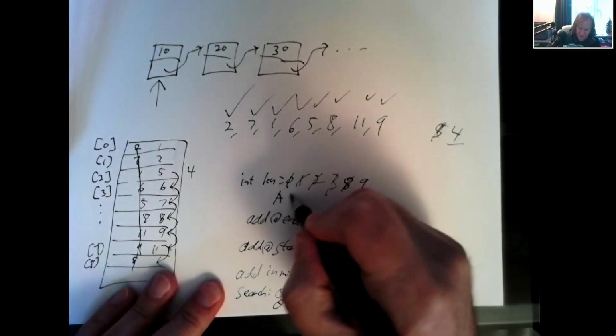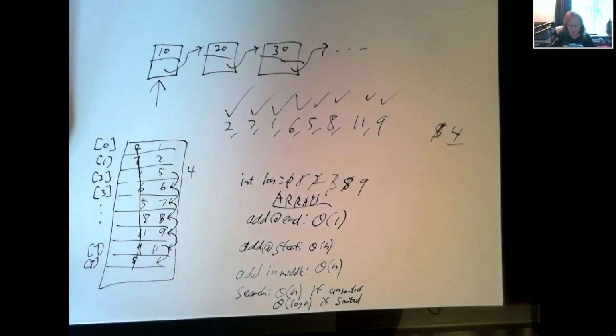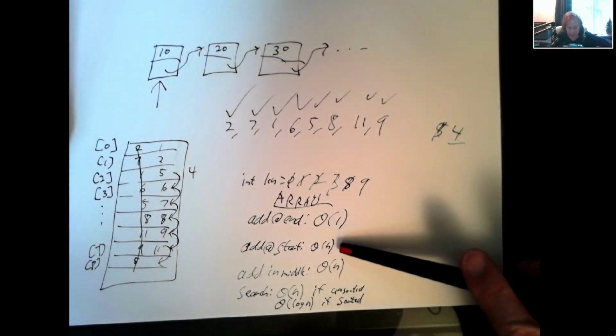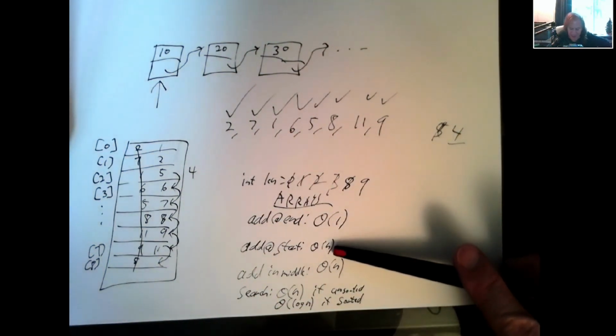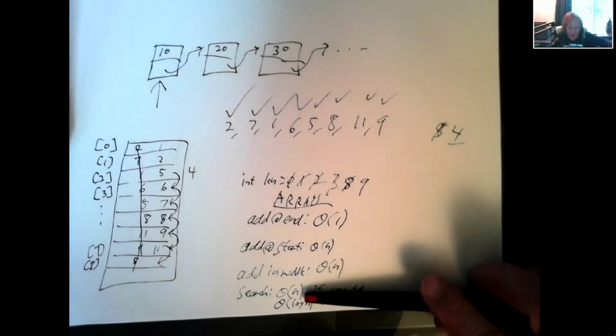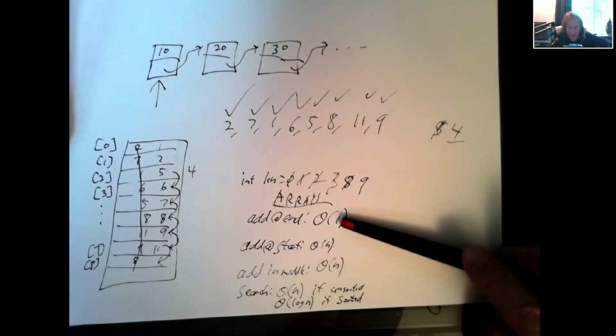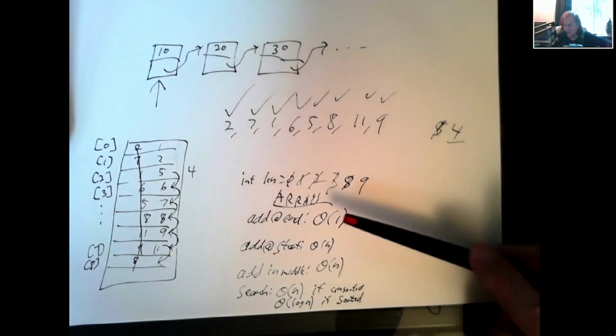So this is for arrays. Adding at the end, order 1, adding at the beginning, order n, adding in the middle, order n. Searching is order n if it's unsorted, and if it's unsorted, we can just add at the beginning of the array or at the end of the array for order 1.